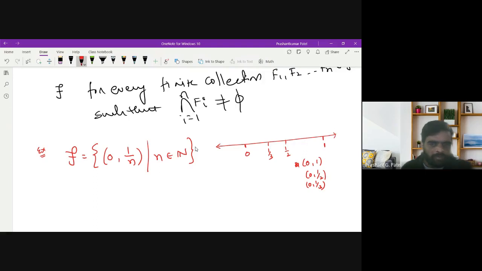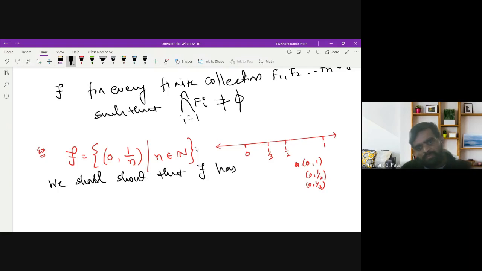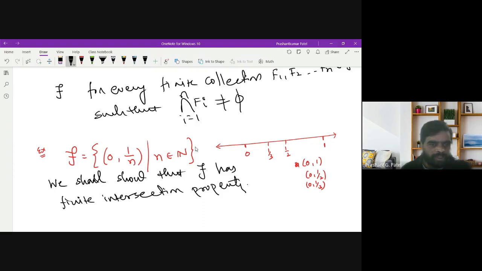Now we have to prove that this script F has the finite intersection property. That means if you pick any finite members of this family and take the intersection of them, it is always non-empty.